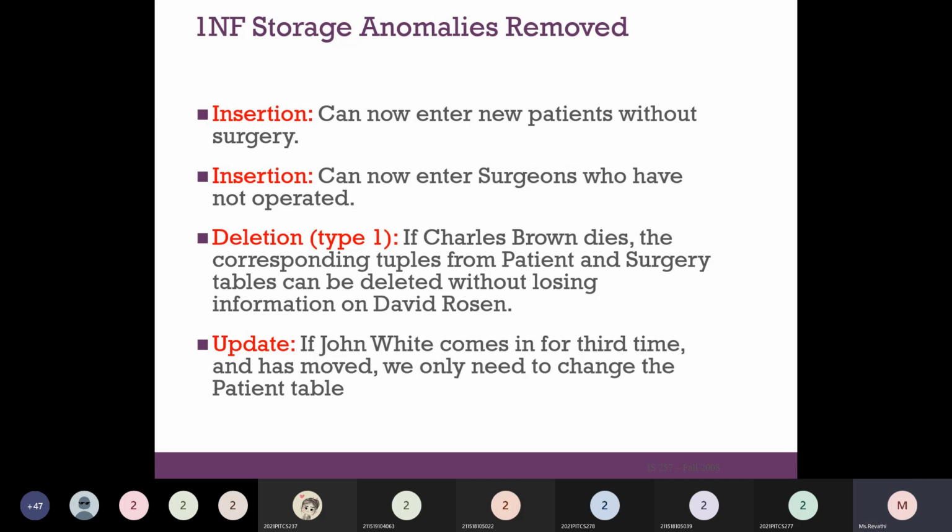Likewise, if John White comes in for the third time and has moved, we only need to change the patient table. The address entry is retained in only the patient table, so we need not apply the changes in multiple places. So all the anomalies we dealt with in first normal form are removed by opting for the second normal form.